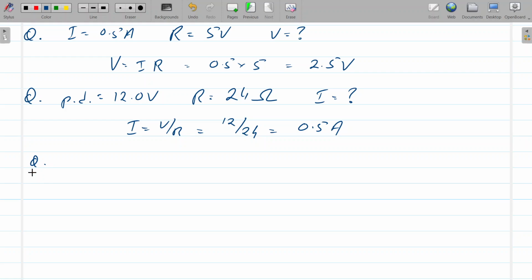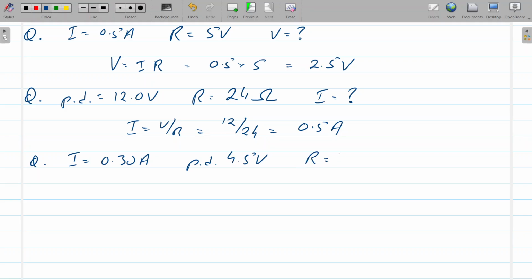Another question. You have a current of 0.30 amperes and a potential difference of 4.5 volts.